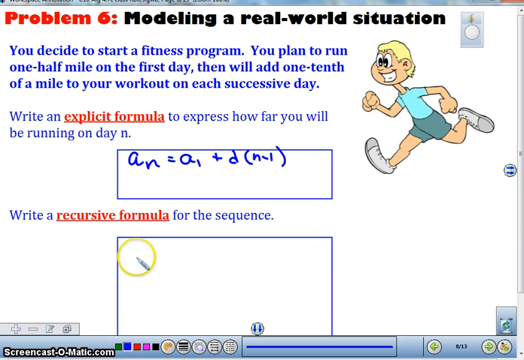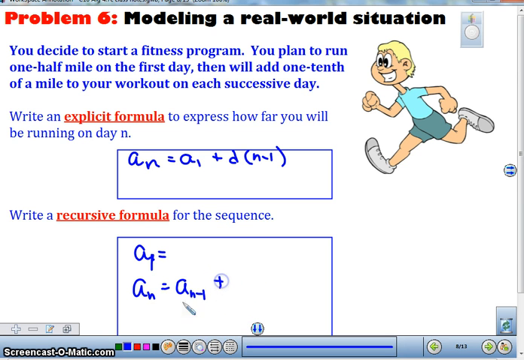When we're asked to write a recursive formula, make sure you have these down when you get ready to take this test. Right away be thinking, recursive has to have the first term, that's our a sub 1, and it has to have the previous term, a sub n minus 1, and then we have to figure out what we're doing.